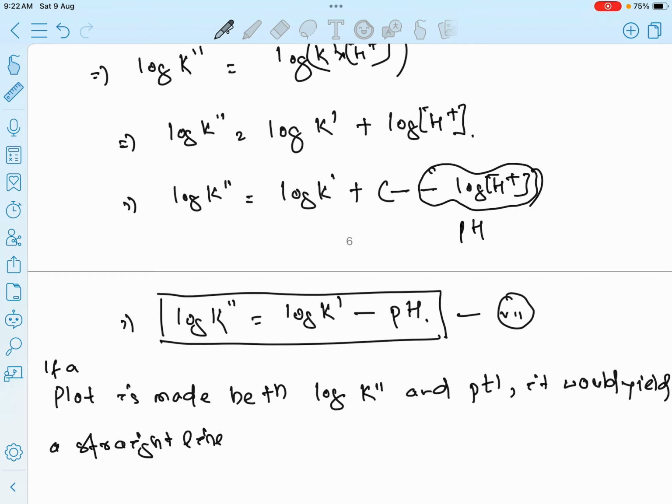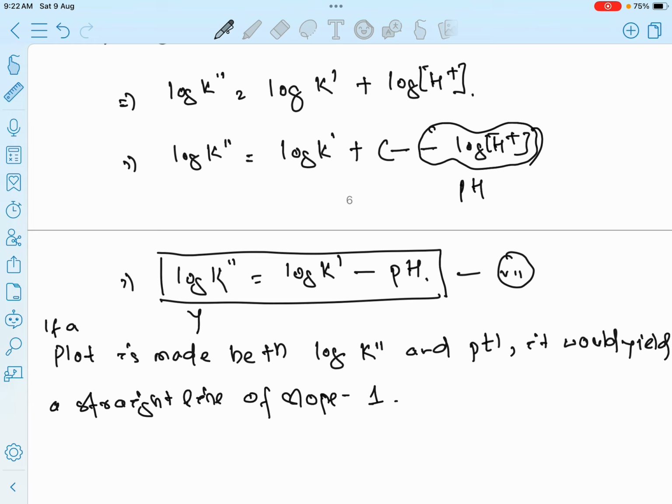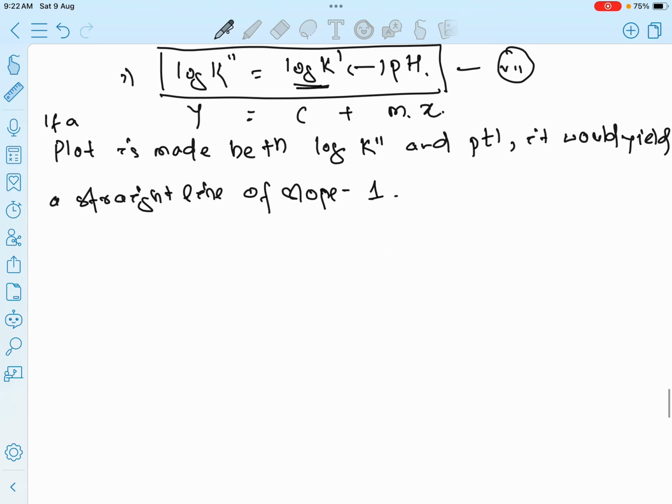And what would the slope be? A line of slope minus 1. Understand? This is on the y-axis, this is taken on the x-axis, and whatever is multiplied by x, that we will get as m, or the slope of the line, and that is nothing but minus 1, and that is your y-intercept.